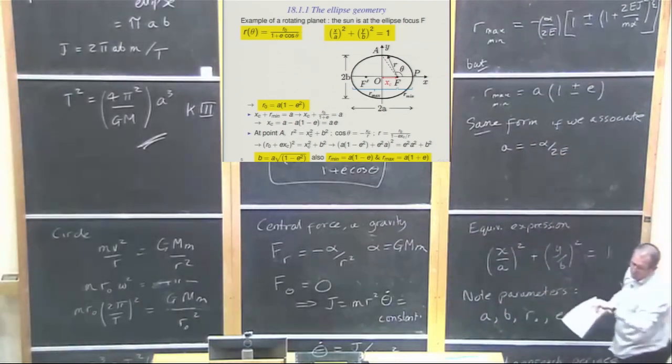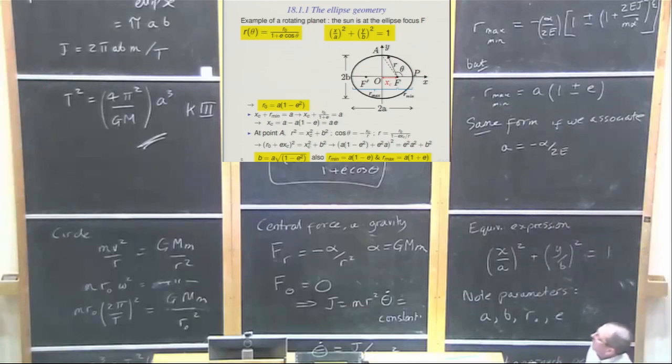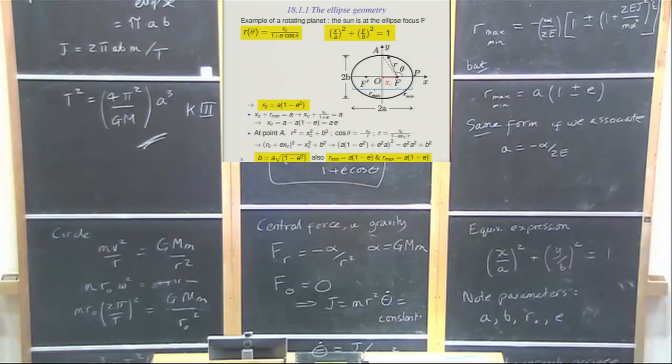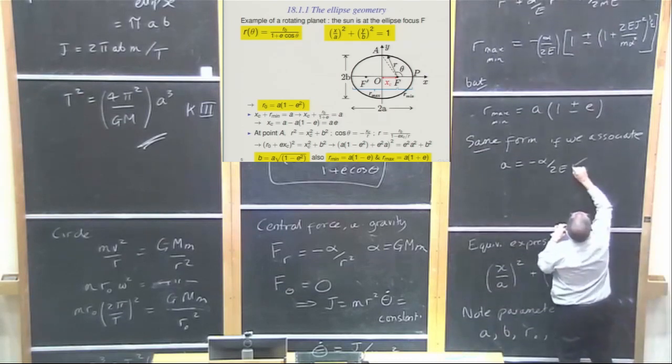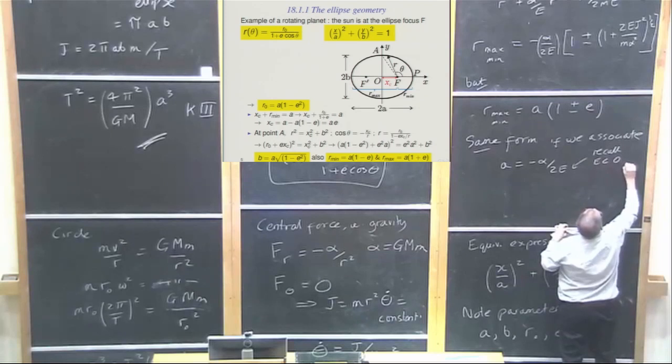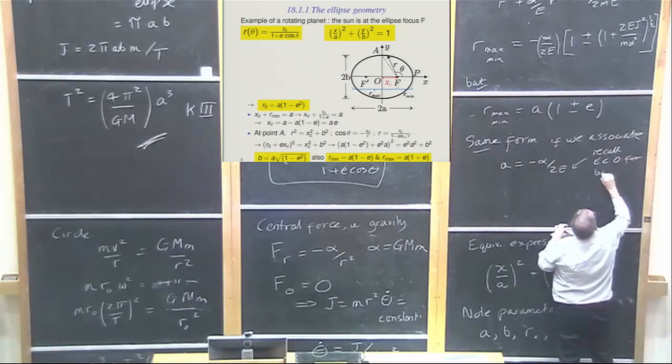You might say, I don't like that because A represents a geometrical quantity and that's clearly positive. But then I would say, aha, but for a bound orbit, the energy has to be negative. This is something we concluded when we were looking at these effective potentials. So recall E is less than zero for a bound orbit.